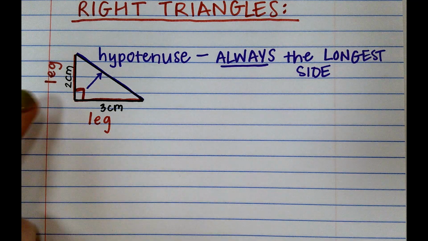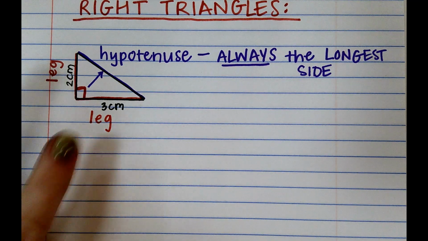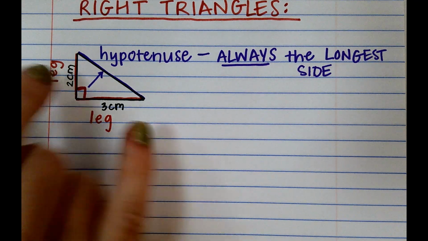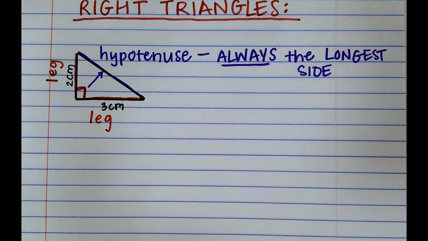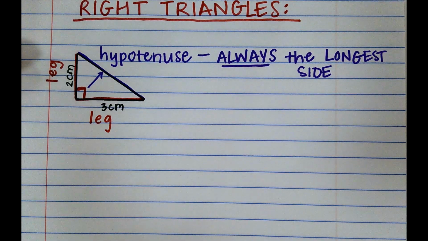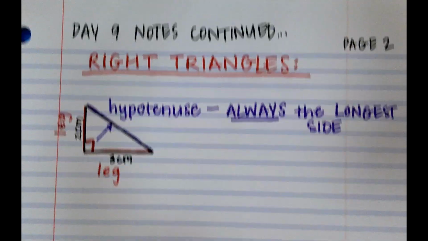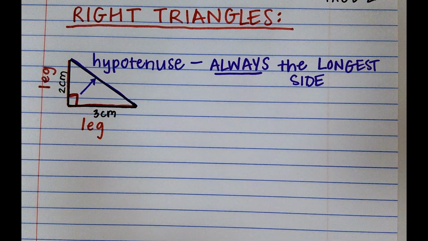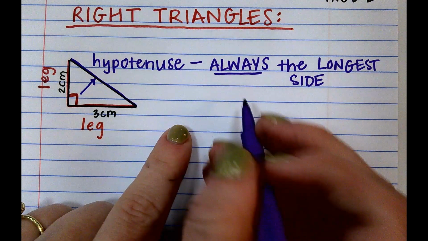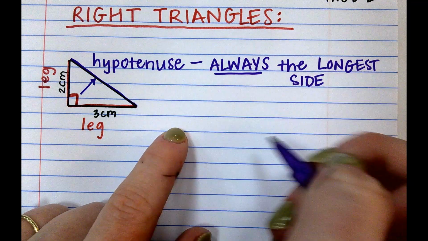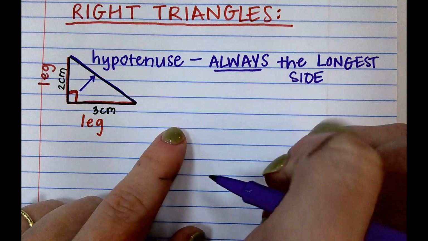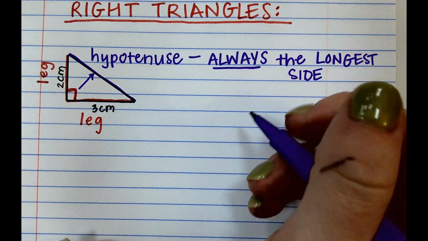So whenever we have these two measures given to us, we have the leg measures. We don't have the hypotenuse measure. We're going to use Pythagorean theorem, which I'm about to give to you. Pythagorean was the name of a man from many years ago who came up with this theorem.